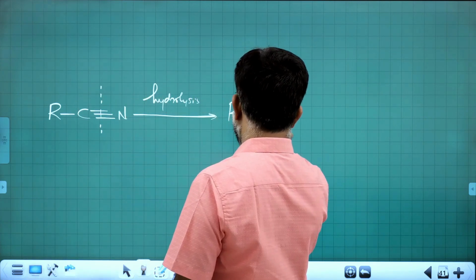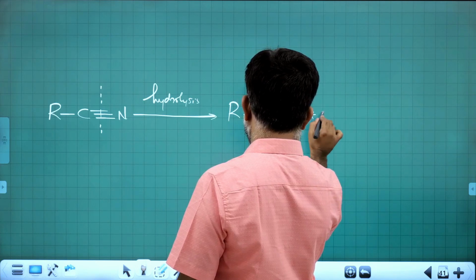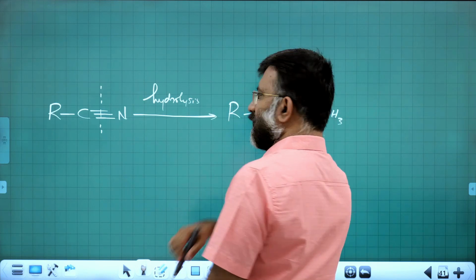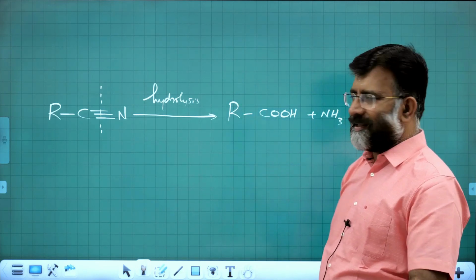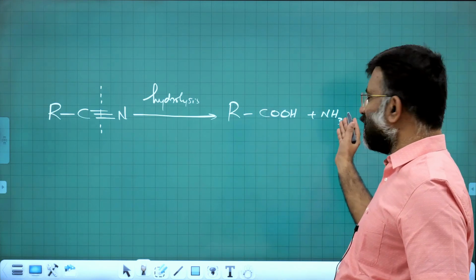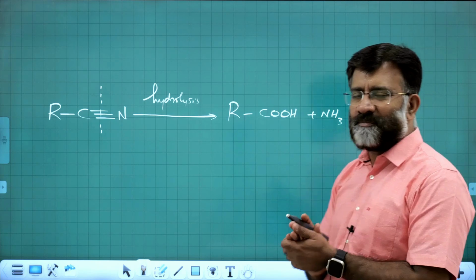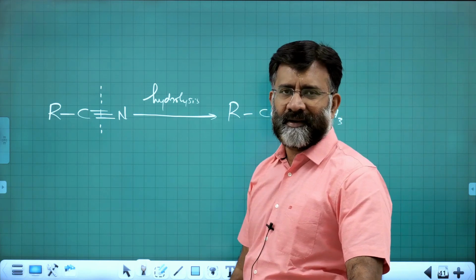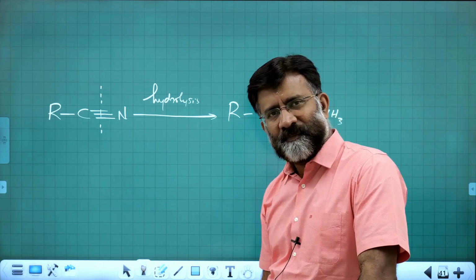You get RCOOH and ammonia. If it is alkaline medium, the acid will be in the form of salt. If it is acid medium, the ammonia will be in the form of salt. It's as simple as that. In either medium, you can conduct hydrolysis.